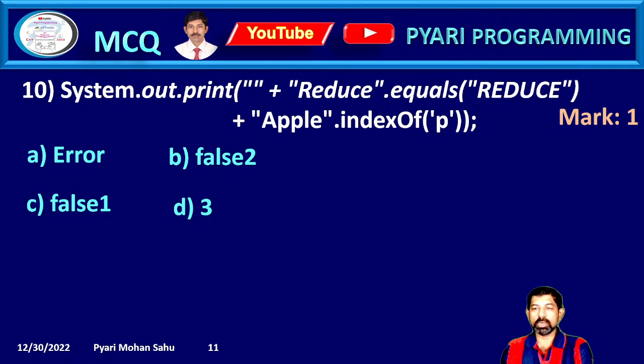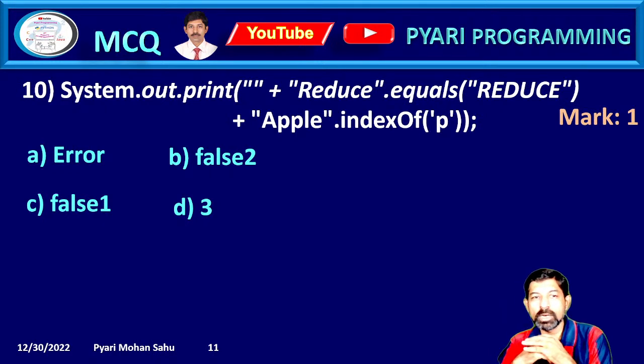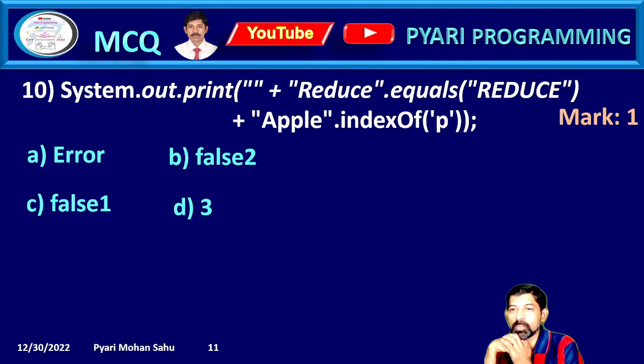Everyone is quick to give the answer. Now a few candidates are giving the answer C. Om Prasad says C. Sumit Pradhan says C. Udita Panda says C, the false one. Now A is your error. Okay, you are sticking with your answers A and C.